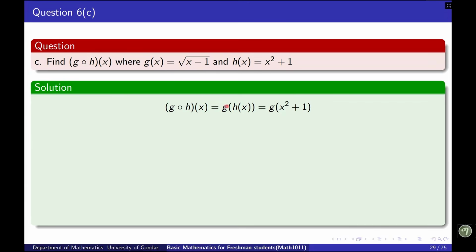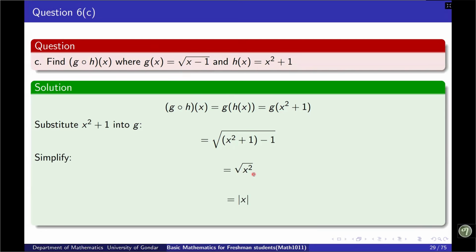But the property of g is that whenever we give it an input, the output is always the square root of the input minus 1. So g of x squared plus 1 is the square root of x squared plus 1 minus 1. Further, the simplified form is the square root of x squared, and the square root of x squared is the absolute value of x.